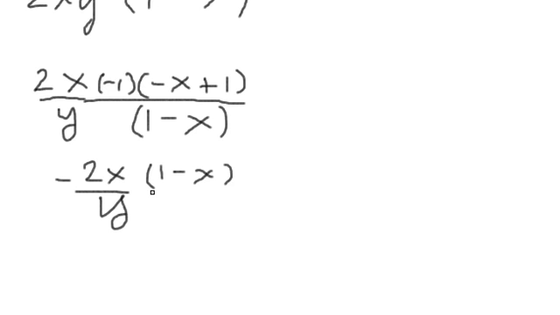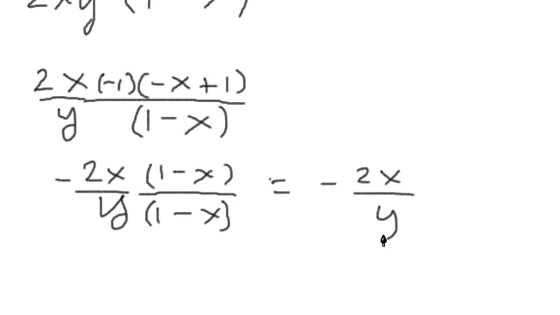So it looks just like the denominator. 1 minus x. And of course, this number is the same as the number in the denominator. So you can now cancel those out. And we're just left with a -2x over y. And that's now been simplified completely down.